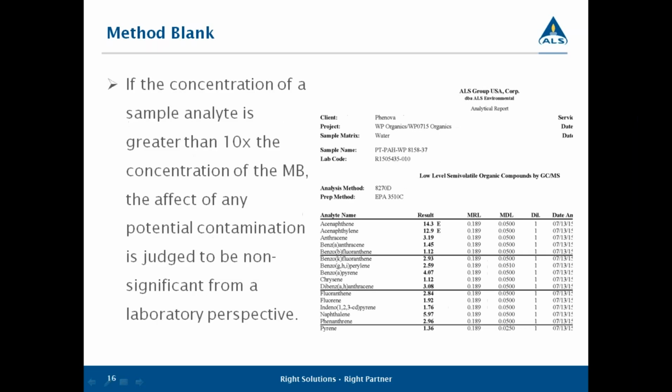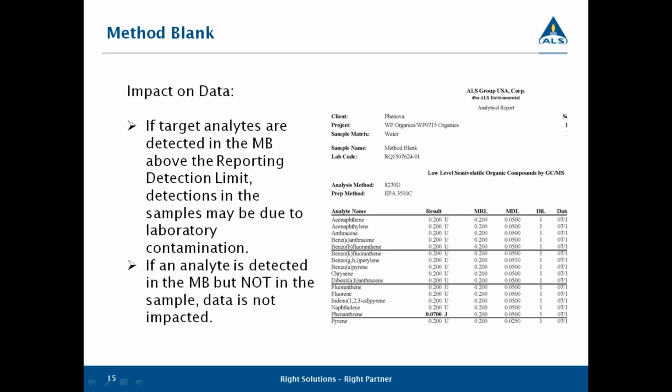So let's look a little deeper here. Here's the same run. Here we have an actual analysis of one of the samples in that batch. So now look at phenanthrene here. We got 2.96. Now the convention used in laboratories is the 10 times rule. If the concentration of a sample analyte is greater than 10 times the concentration of the method blank, the effect of any potential contamination is judged to be non-significant from a laboratory perspective. So going back here, you can see 0.07.